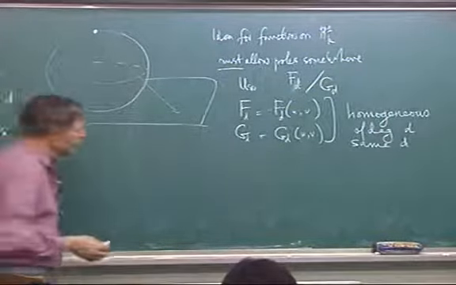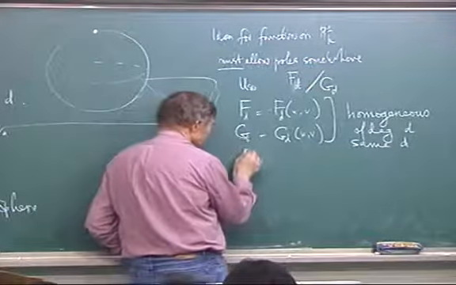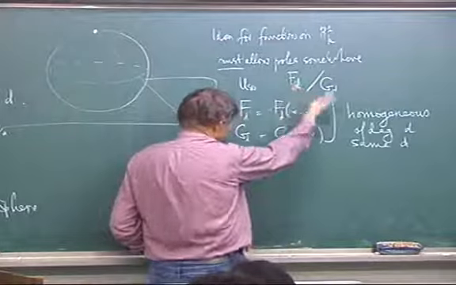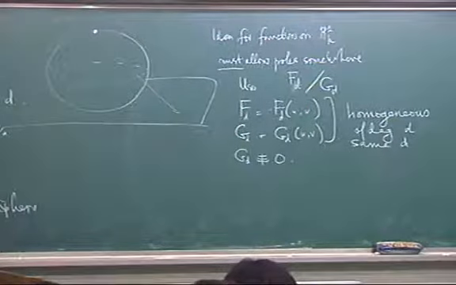And I want to insist that the g is not identically 0, right? Because in algebra it's a taboo to divide by 0.